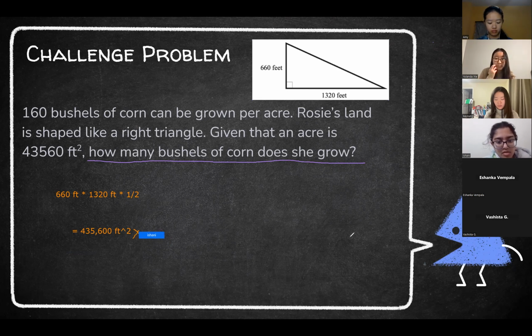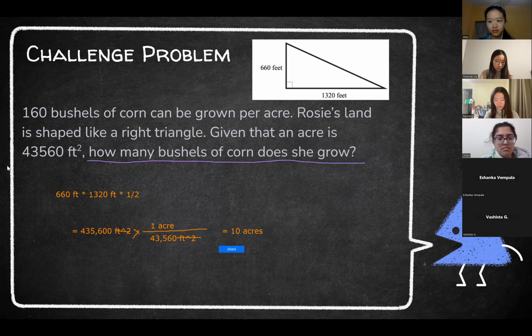So we have 1 acre is equal to 43,560 feet squared of land. We can see that the units of feet squared are going to cancel out, and we are going to get that this is equal to 10 acres of land that she has.